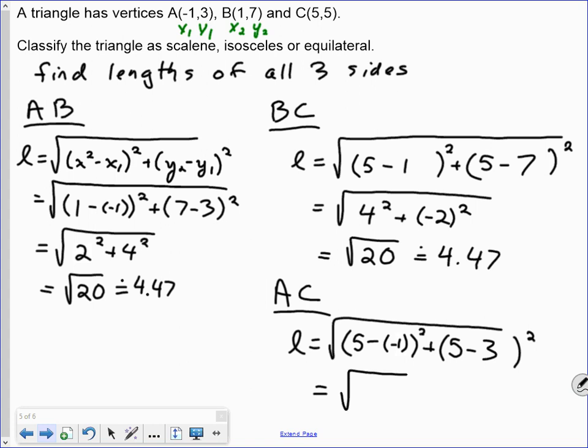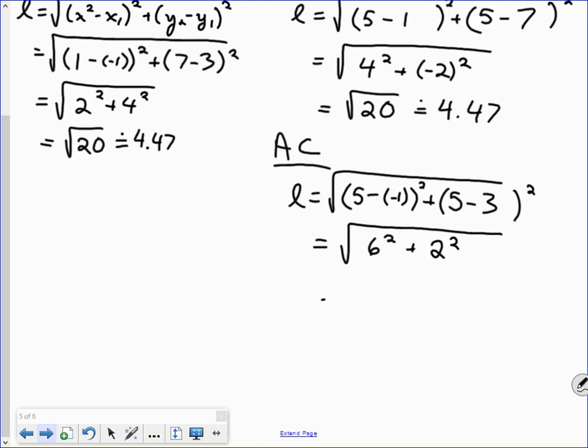So we're going to get the square root of 6 squared plus 2 squared, which is going to be the square root of 40. If we're doing this approximately, we can just punch this into our calculator and we get 6.32.